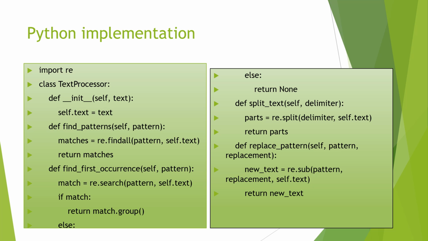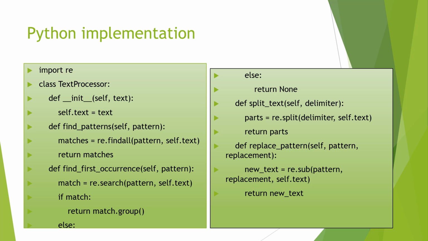Then we have a user-defined function find_pattern, which accepts one argument, the pattern, and we try to find this pattern in the given text. Once it finds correct matches, it returns the result.